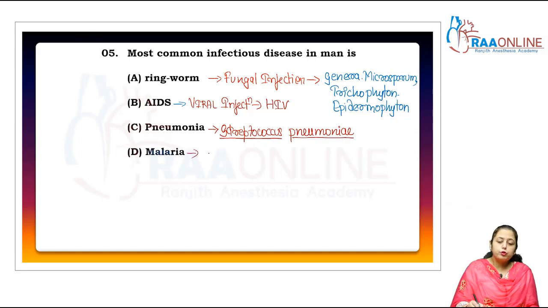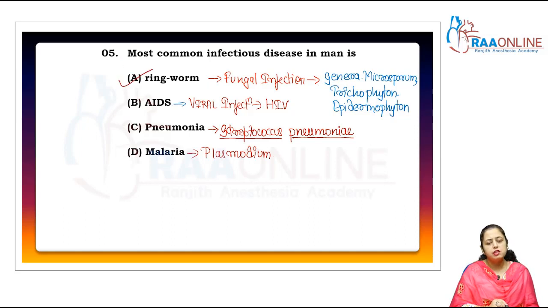Malaria is a protozoan disease, which is caused by Plasmodium, right? So that's why the most common infectious disease in humans is ringworm, which is a fungal infection.